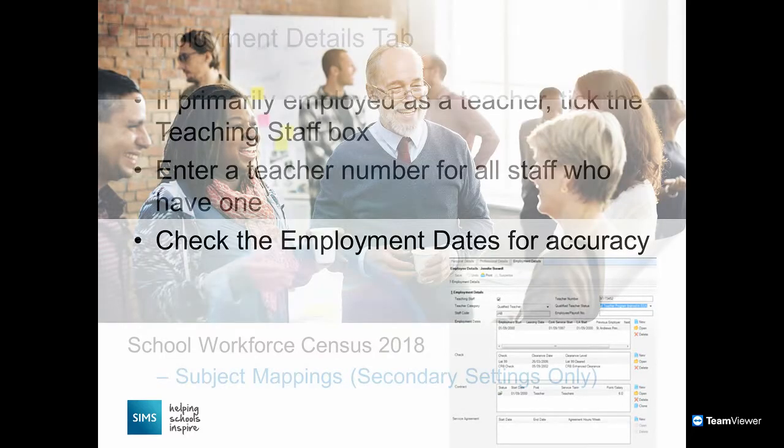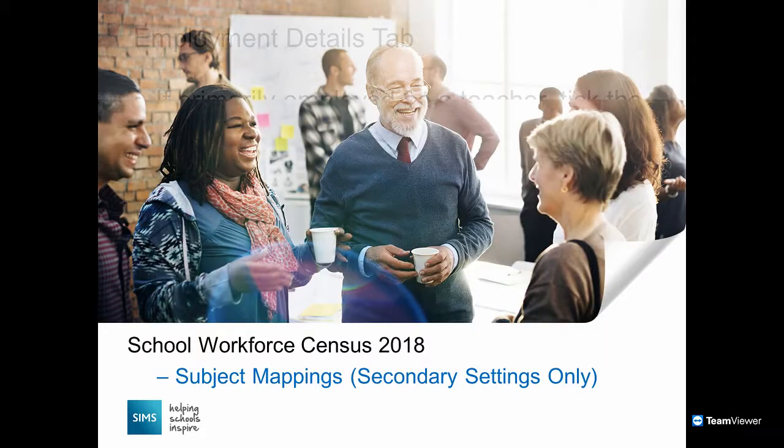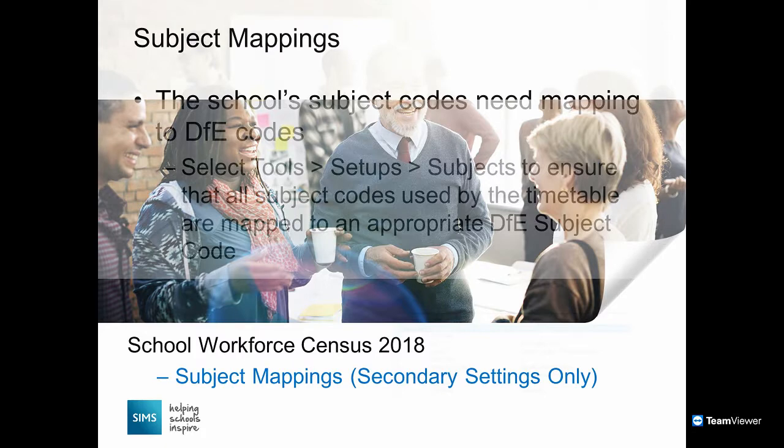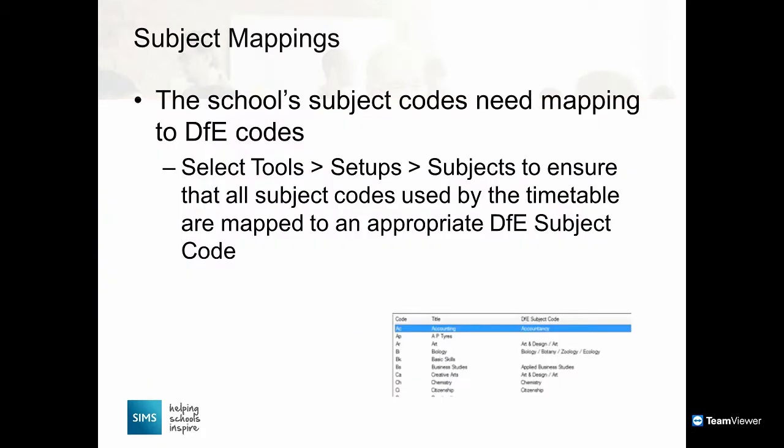Right, subject mappings. If you've got secondary age children, it's going to collect information about the curriculum load for each member of teaching staff. It does that with reference to the timetable. But in secondary schools, you can give your subjects any code you want, and what you need to do is map the codes that you've used in SIMS to the DfE's approved list of subject areas.